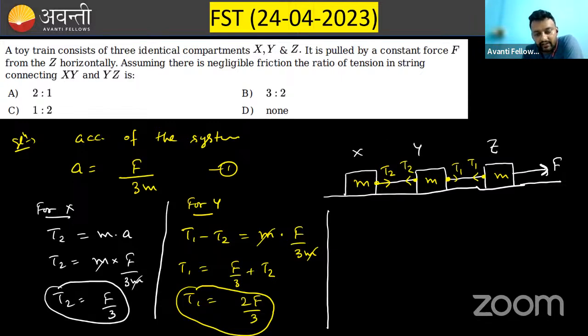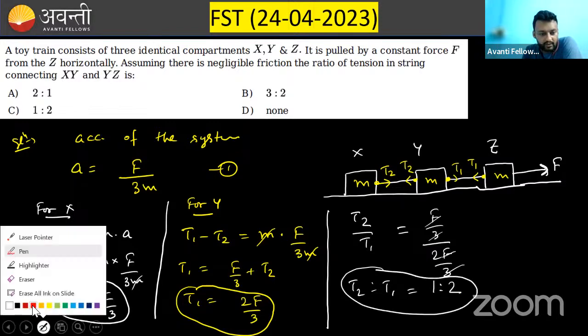So connecting XY is T2 and connecting YZ is T1. So T2 over T1 they are asking. T2 over T1, very good. So if you calculate T2 over T1, that is F by 3 divided by 2F by 3. What will you get? 3 and 3, F and F cancel, that is 1 is to 2.